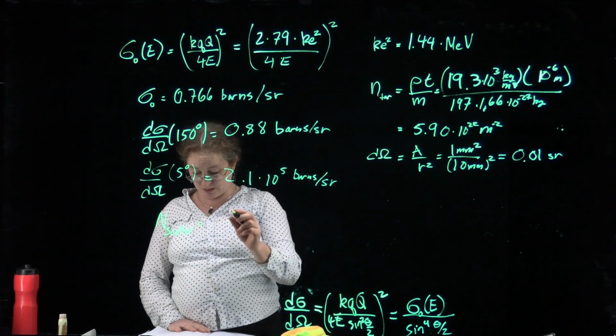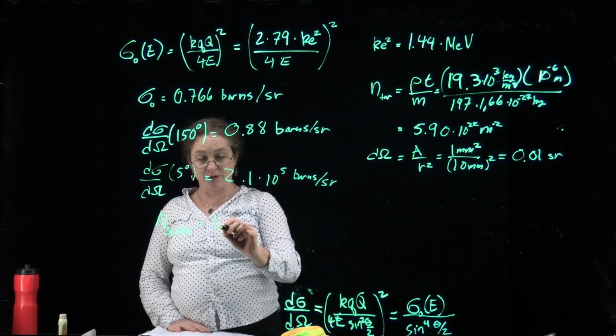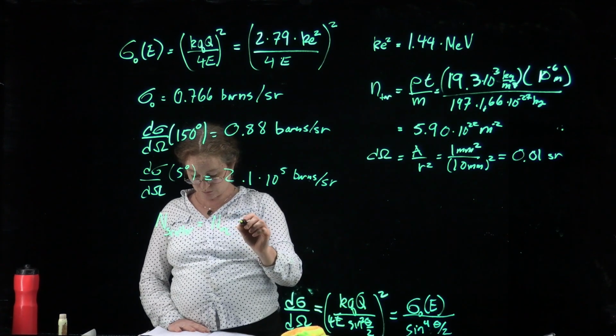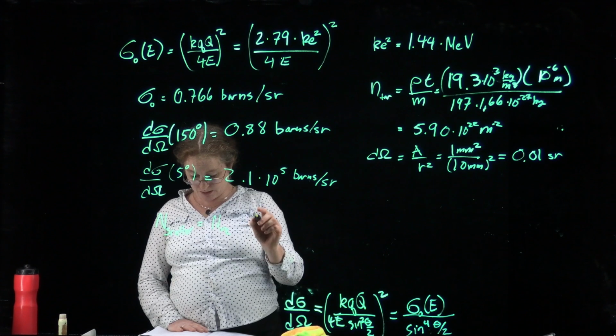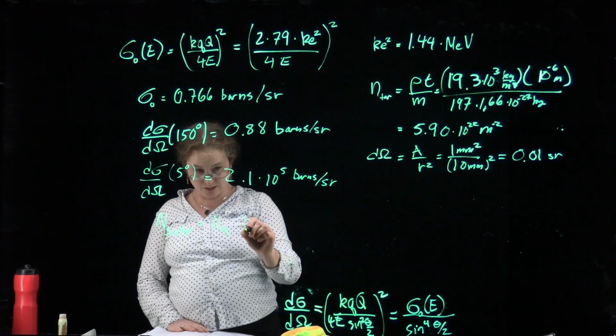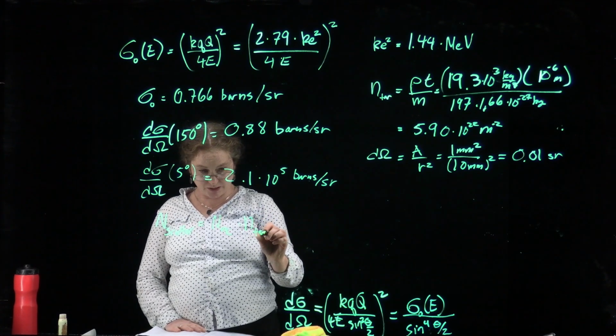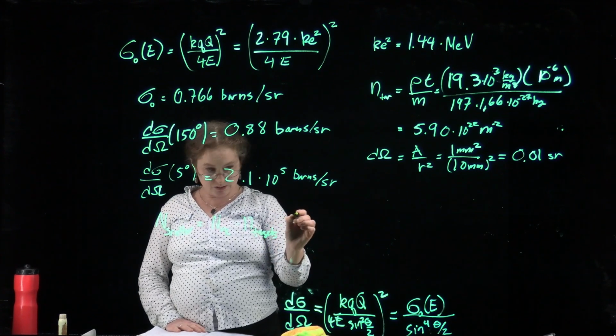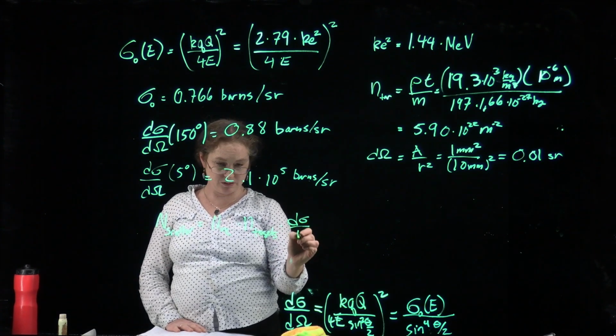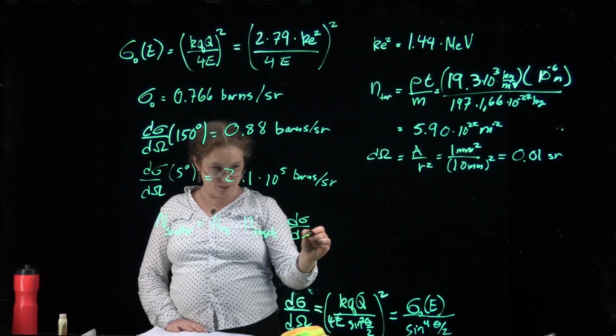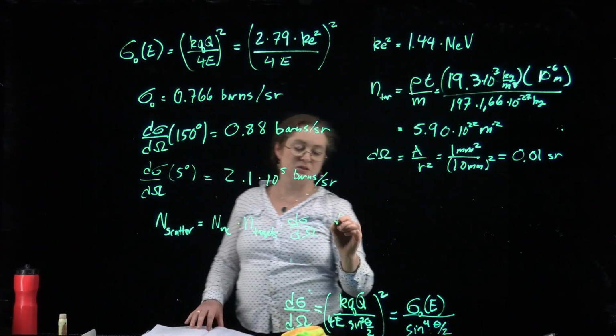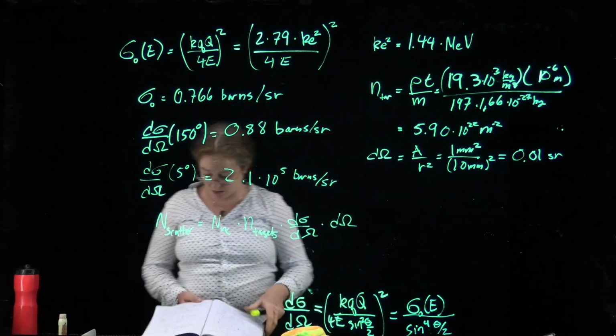This is the number incident, times the number density of targets, times d sigma d omega, times the actual solid angle.